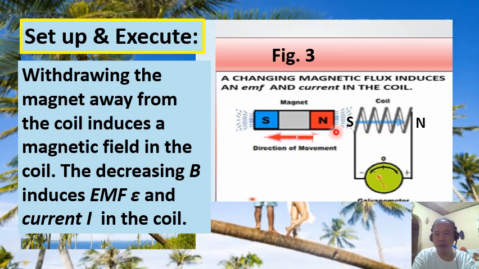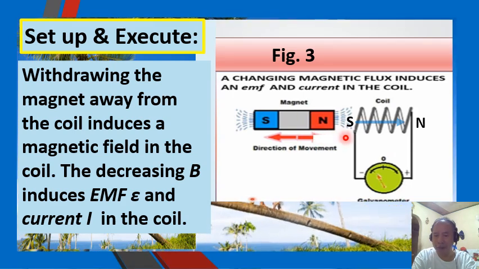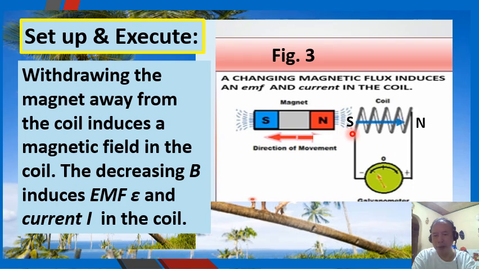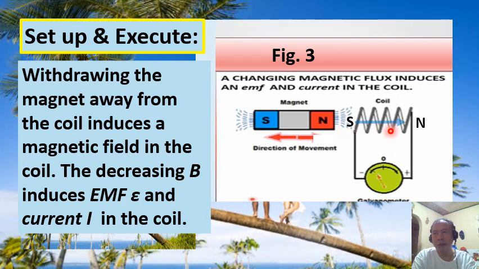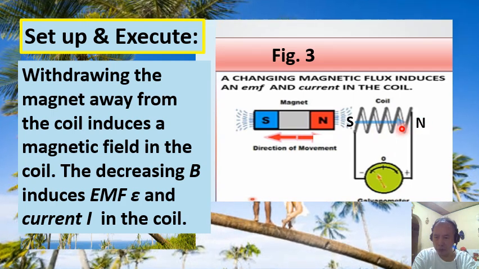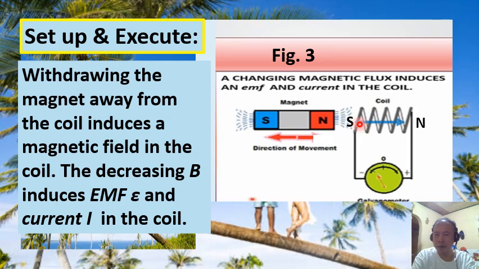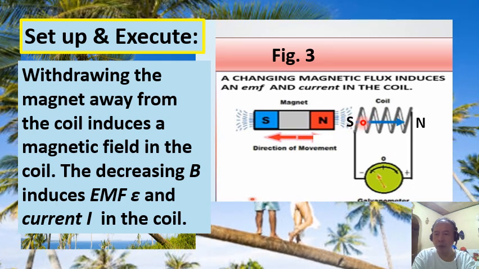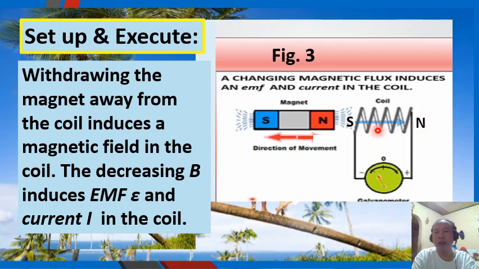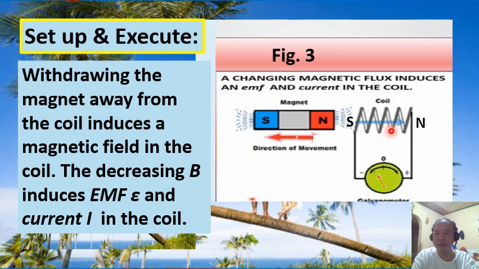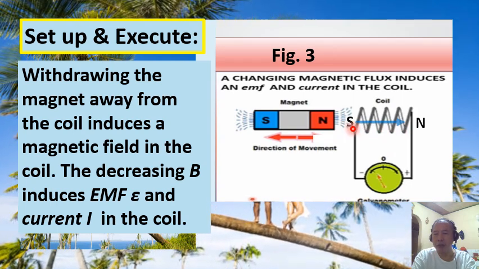Since the bar magnet, which is the source of the external magnetic field, is moved away, the coil becomes like what we call an electromagnet, whose polarity is such that the left end, facing the bar magnet, becomes south pole, and the right end, of course, is the north pole. So the direction of the induced magnetic field or magnetic flux is directed from south to north.